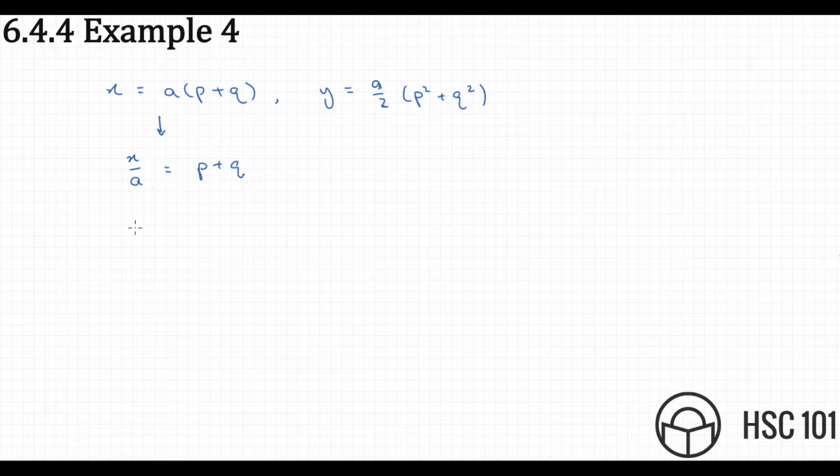So x squared over a squared is therefore p squared plus 2pq plus q squared. And over here, 2y over a equals p squared plus q squared. If I substitute this in, you will see that I won't be able to get rid of the 2 times p times q.